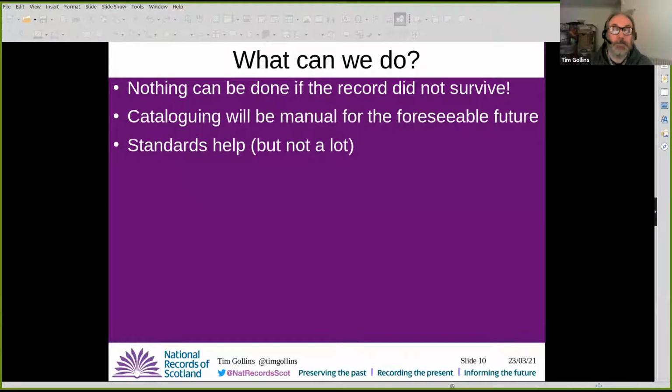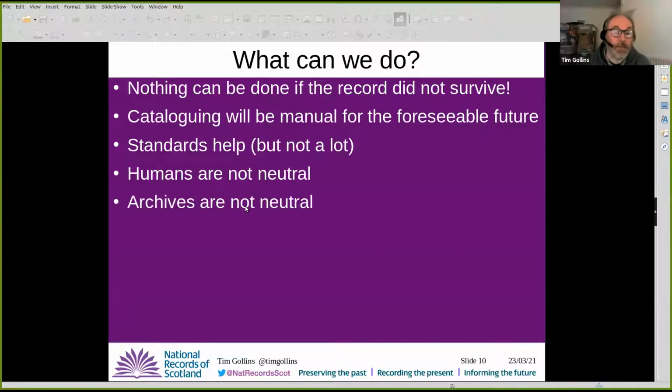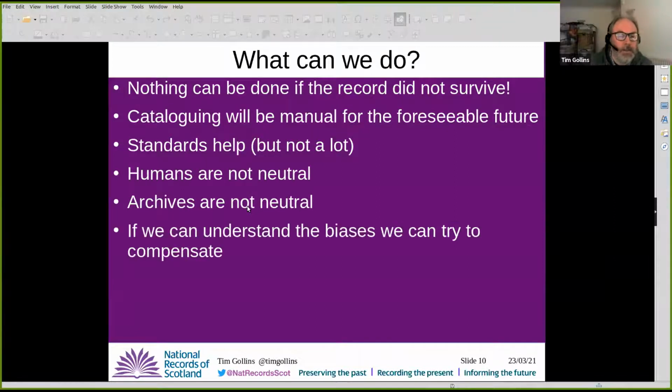Archival standards help, but not a lot. That's because humans are not neutral, unfortunately. We just aren't. There's nothing we can do about it. And as a consequence, archives are not neutral, despite what people like to think. So I think we can take some learning from Martin's talk, actually, about transparency.